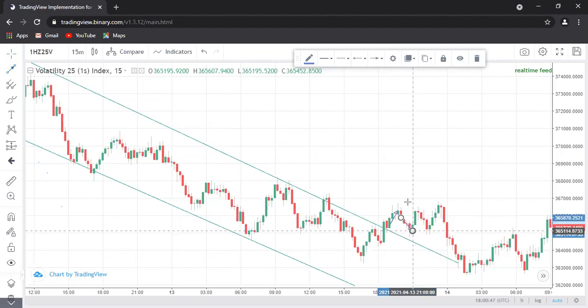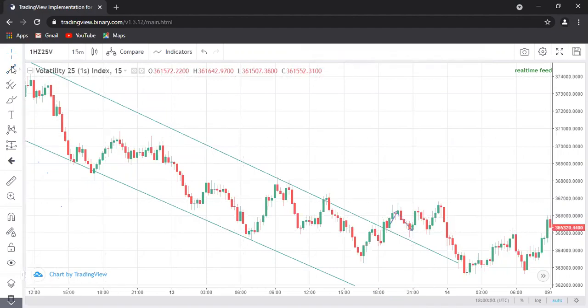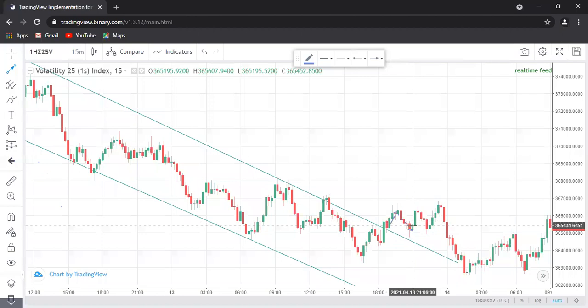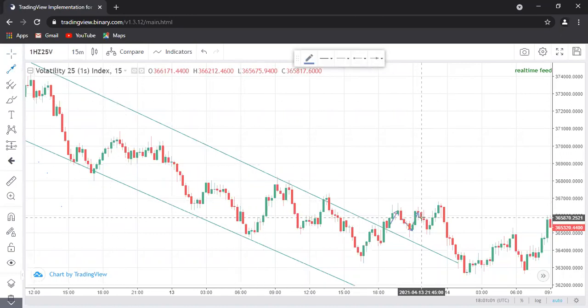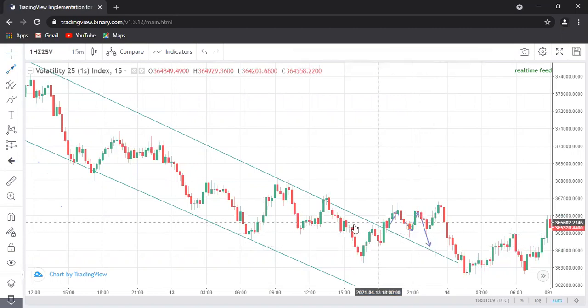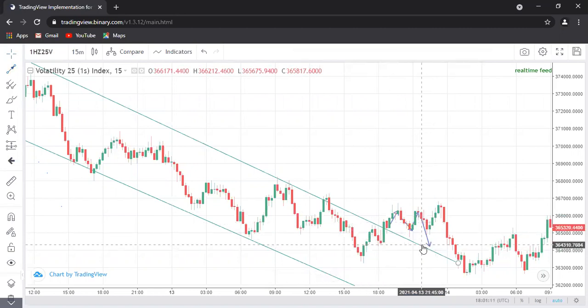Second leg. Third leg. The M has completed. So you expect it to come to this place, because that's the second leg of the trend line according to this line. Are you getting it? But the market refuses to break the neckline of that W at this place.